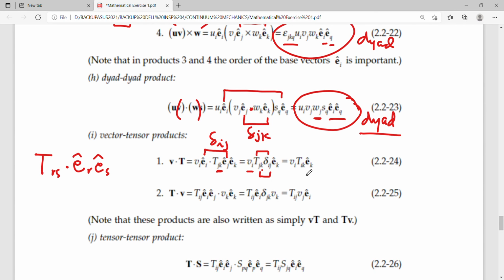in this particular case are the same, although in some cases the t_ik and the t_ki subscripts mean different things.